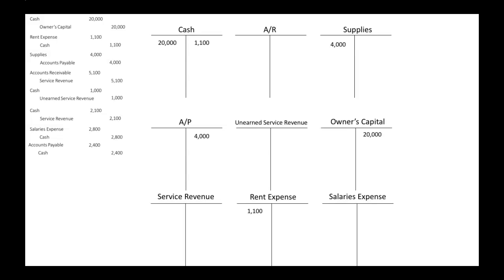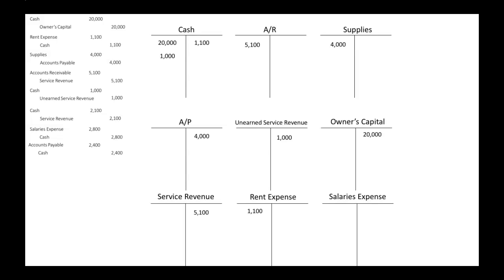Then we debited accounts receivable and credited service revenue for $5,100. Those go into their T accounts. Next, we debited cash for $1,000 and credited unearned service revenue for $1,000. So we post those.